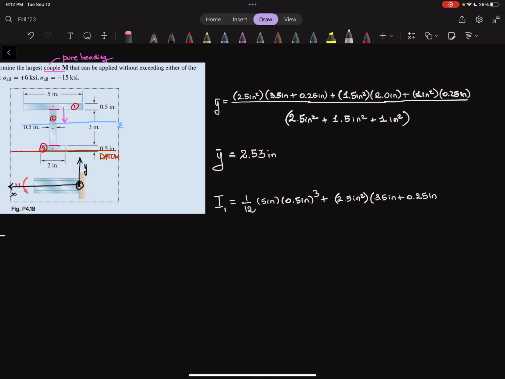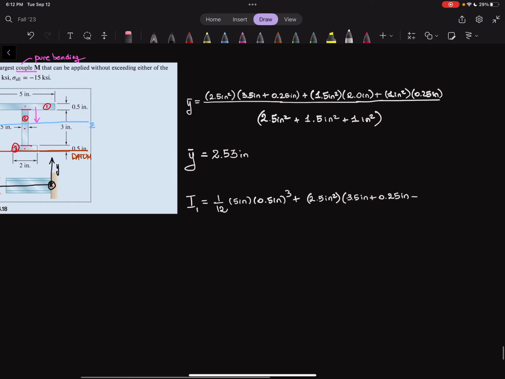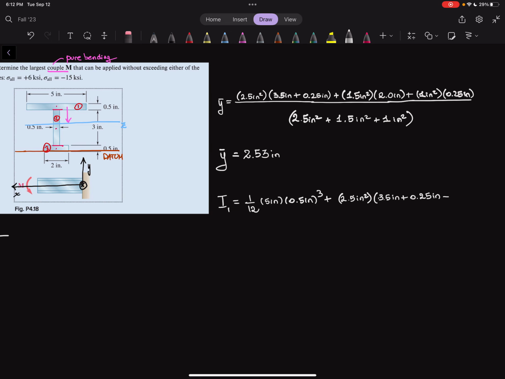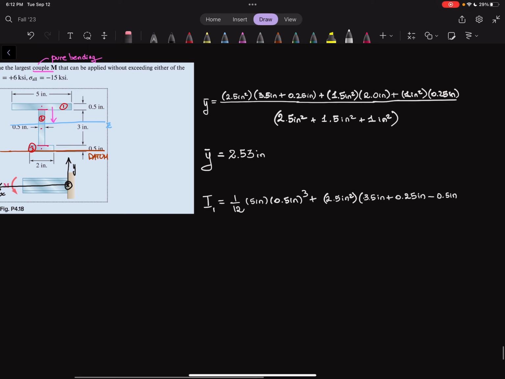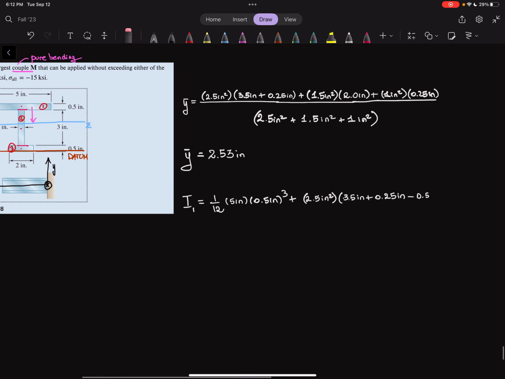And then what are we going to do? We're going to subtract the height of the shape 3. So that's 0.5 inches. And also subtract, actually no, because y of the centroid is from the datum.